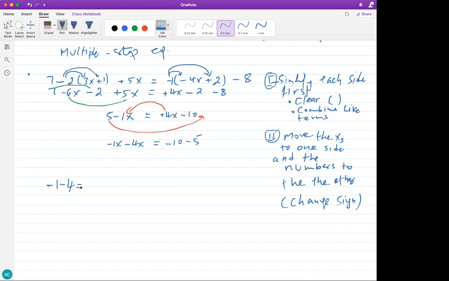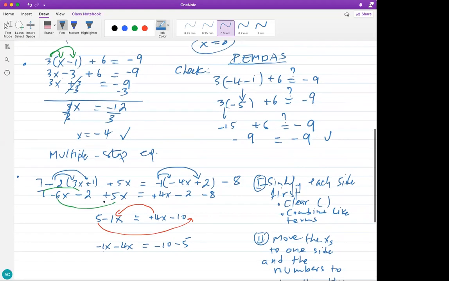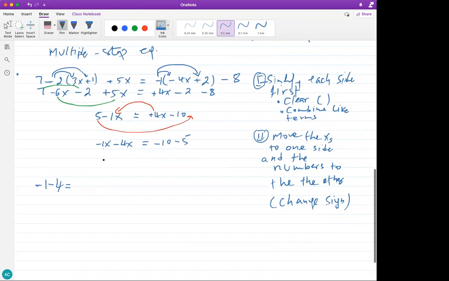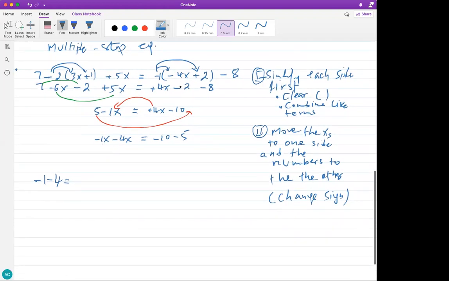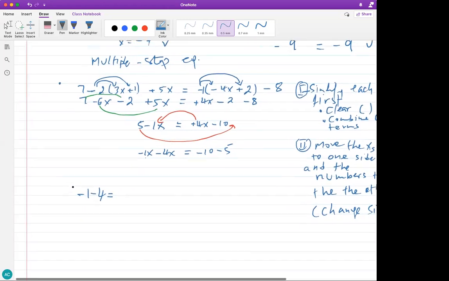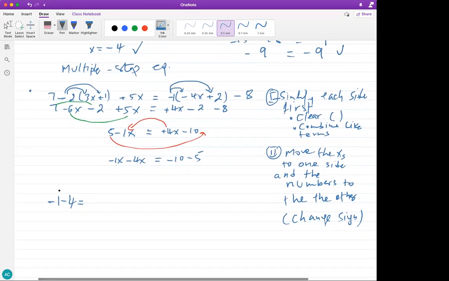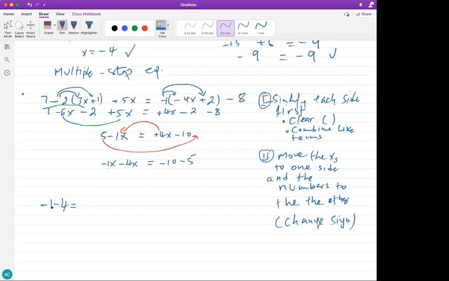What is that equal to? As we did earlier here, for example here, -2 minus 8 is -10. What's -4 minus 1? Anybody knows that?